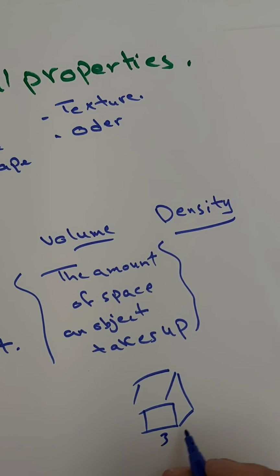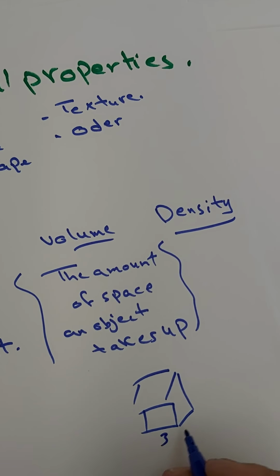No definite shape means it takes the shape of the container that holds it. So solids have definite shape and definite volume. Liquids have only definite volume, not definite shape. They take the shape of their container.